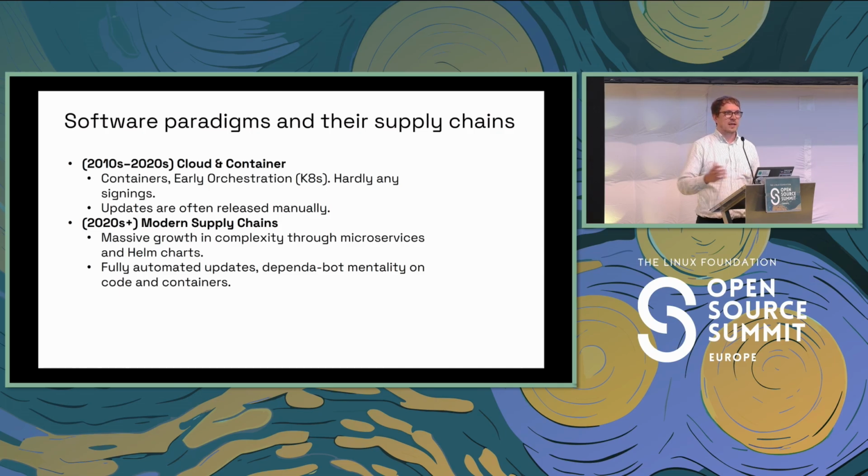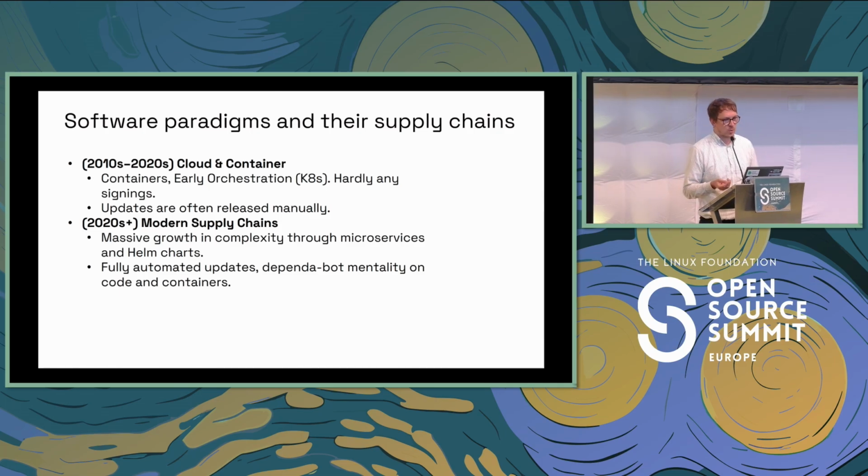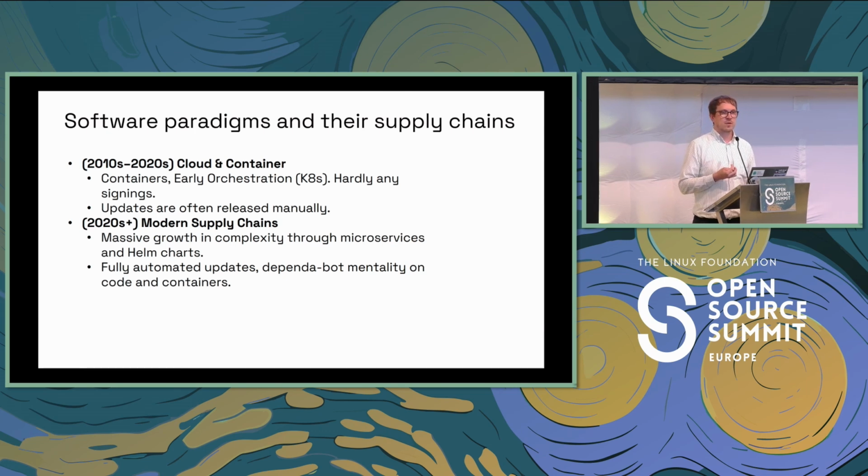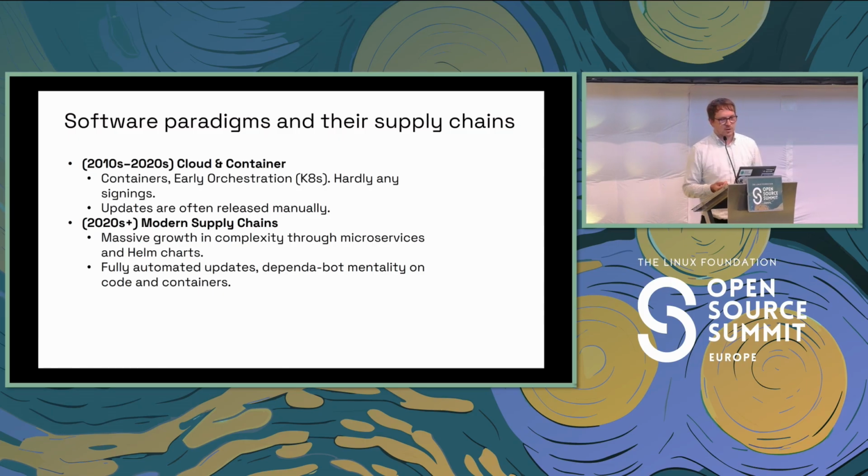So in the decade around 2010 and 20s, it was the early time of how to do orchestration of software containers. We didn't really have proper standards around signings and all this process, but it got step by step into common usage of software supply structures, and a lot of updates still needed to be released manually.